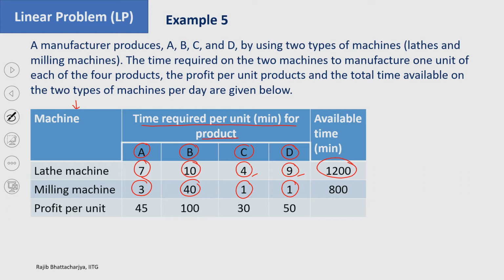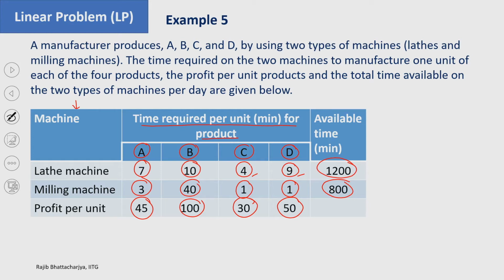The profit for product A is 45, then product B is 100, then product C is 30 and product D is 50. Before that, the time available in the milling machine is 800. That means I can use this particular machine for 800 minutes.